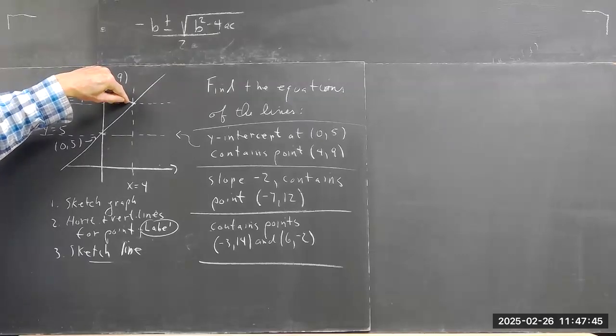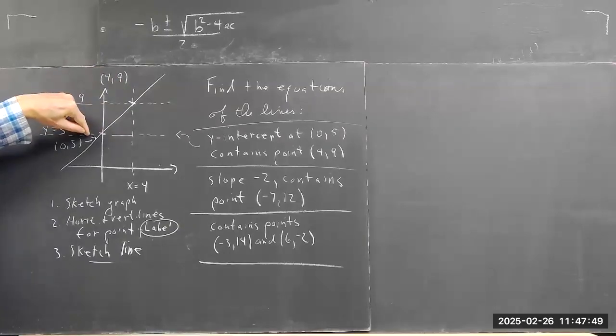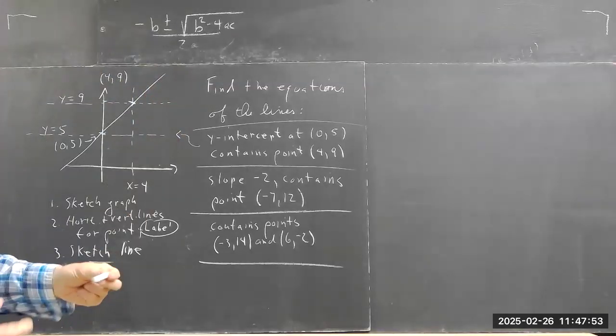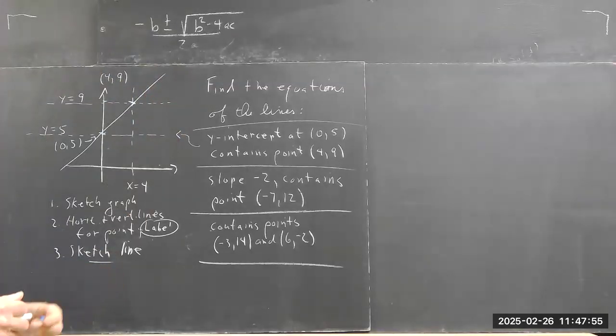If you look at this point, chances are you're going to go through it or close to it. Okay, if you're looking down here when you're moving up here, your line's going to get wobbly. That's okay, as long as it's not too wobbly. You understand it's supposed to be straight. But if you want to make it look halfway decent, I make a little wobble there, right? You do that. Okay, so you sketch the line.